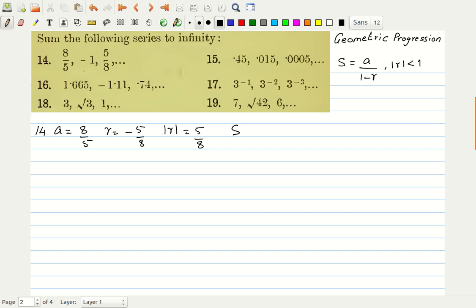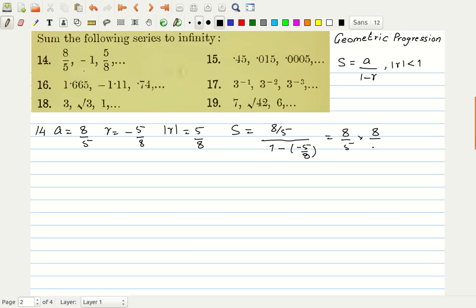So then we can use this formula, which is S, that is the sum of infinite number of terms of this series, is going to be 8 divided by 5, divided by 1 minus, and what is the r? R is negative 5 by 8. So negative 5 by 8, and you get 8 divided by 5 times 8 over, this is 1 plus 5 by 8, because negative will become positive.